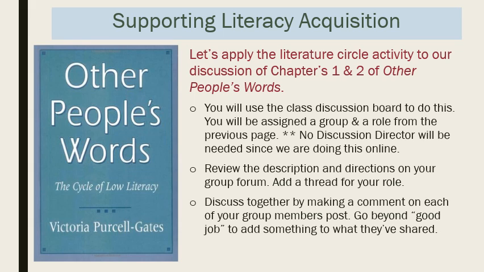Read the first 2 chapters and think about those chapters as you read in the mindset of the role that you will play in the literature circle. So make sure you go to the discussion board first and discover what you're going to be doing, so that as you read, you can find the different pieces and parts that you'll need to participate in the discussion.